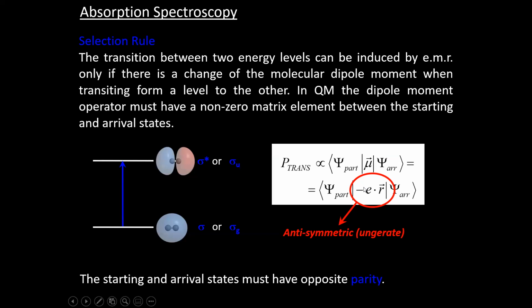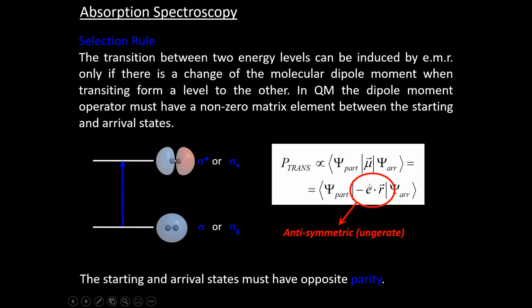Now, what is the dipole moment in classical physics? It is the charge times the separation of the charge. You see here, the charge of the electron, minus e, times how much the charge is separated.